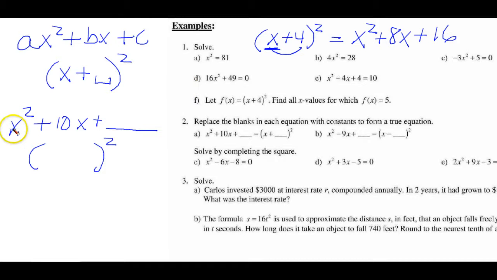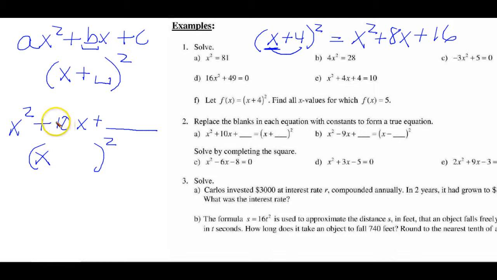So here they're giving us part of a perfect square trinomial. Well, how did we get this term here? Well, we squared the x, so the x is there. And notice they're giving us that x. Now, how did we get this b term up here, this b term right there? How did we get that? Well, we multiplied this times this and then doubled it.